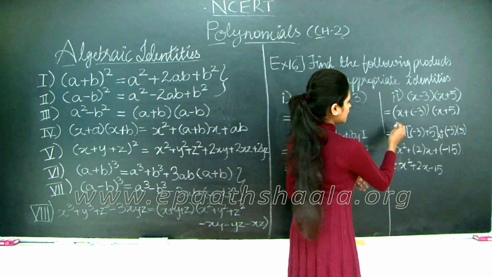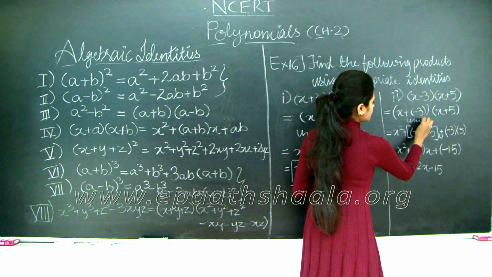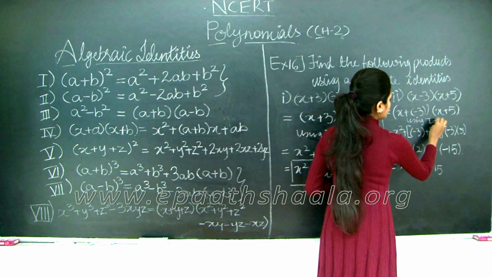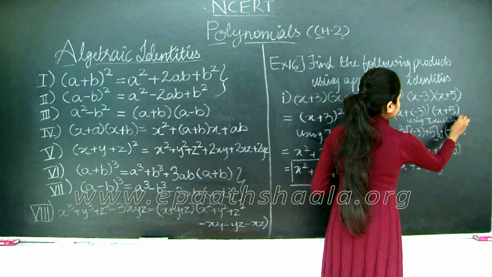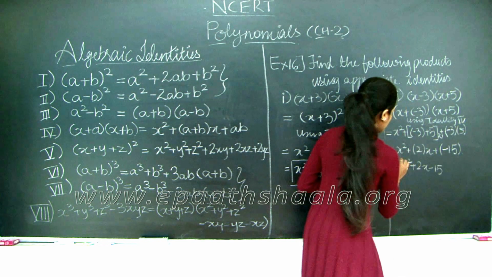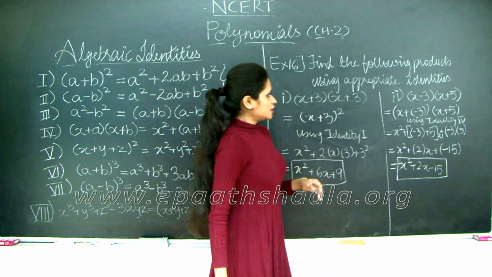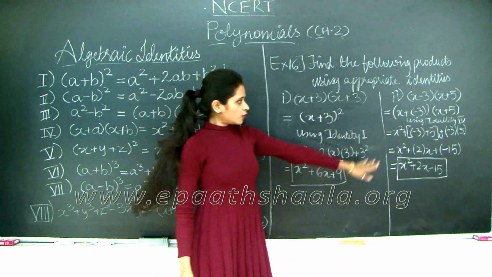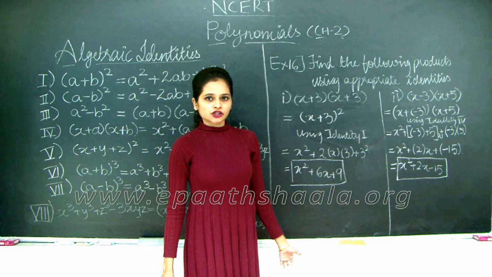This was using identity four, right? Box up your answers. So using identities 1 and 4, we have solved the first two examples of your last section, algebraic identities.